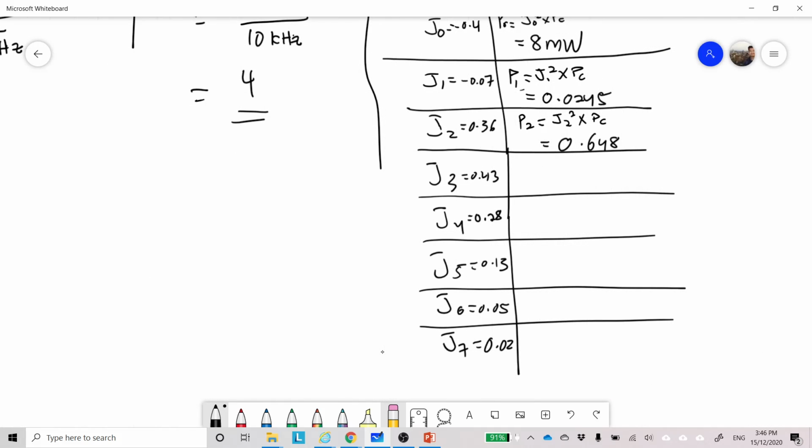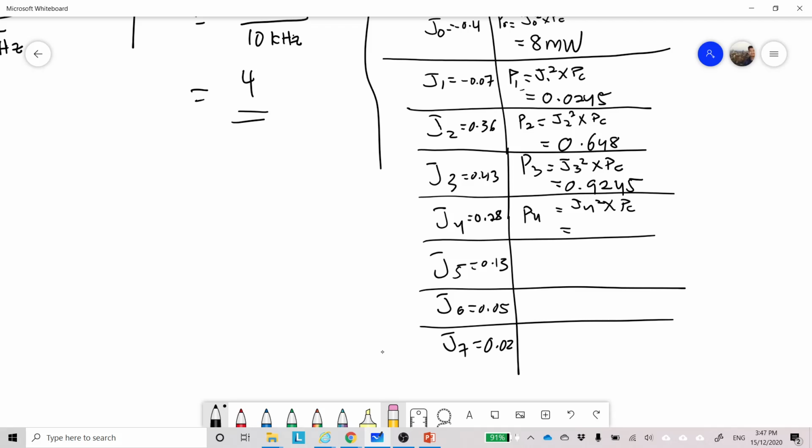Sini adalah P3 ya. So 0.43 kuasa 2 darabkan dengan 5, so dapat 0.9245. So pelajar-pelajar boleh cuba kira P4 samaan dengan J4 kuasa 2 darabkan dengan PC.